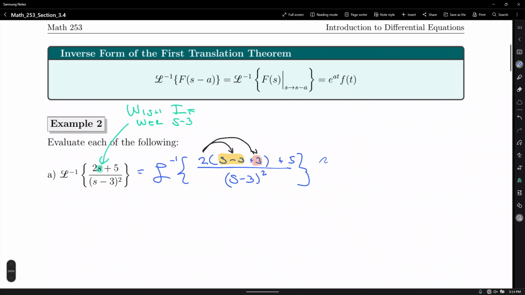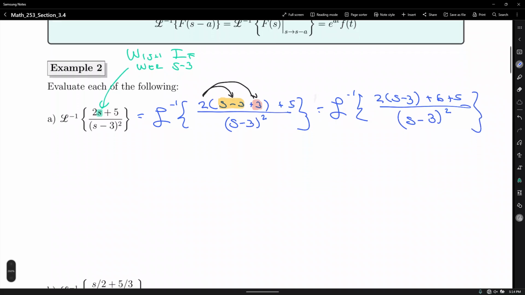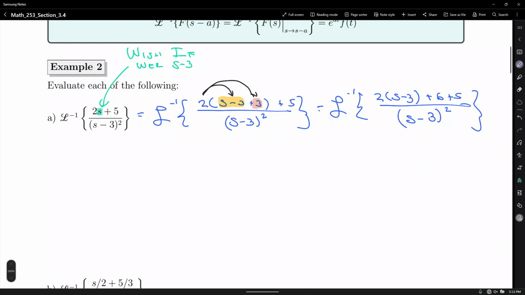What is that going to be? So this will be the inverse transform of 2 times s minus 3, 2 times 3 is 6, plus 5, everything divided by s minus 3 quantity squared. And then what's next? Well, let's combine 6 plus 5, that equals 11. And this would be the inverse transform of 2 times (s minus 3) plus 11 over (s minus 3) quantity squared.